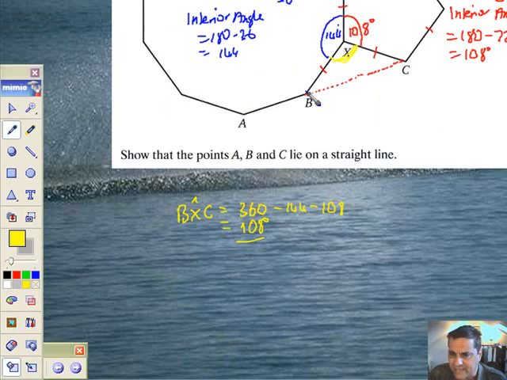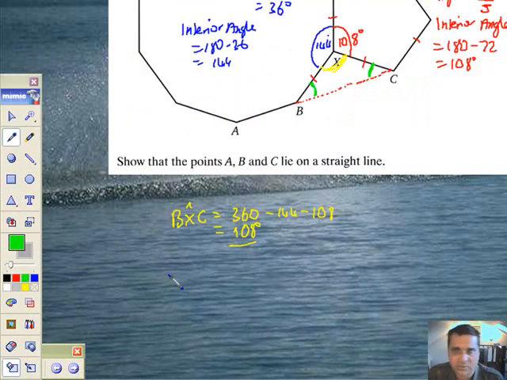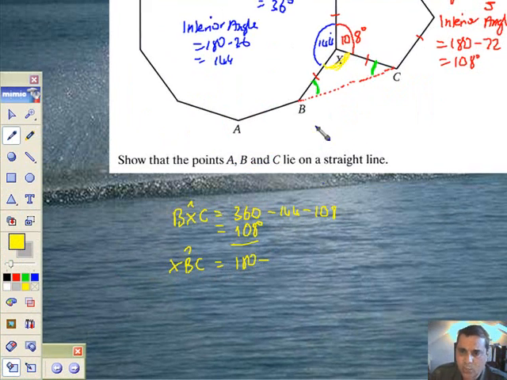So if that's 108 and this triangle is isosceles, I could work out angle XBC. Alright, so let's just put in a different colour there. Green's alright, so these angles are the same because the triangle's isosceles. So I'm going to work out angle XBC: 180 degrees, take away the 108, and then divide by 2 because I've got two angles the same size.